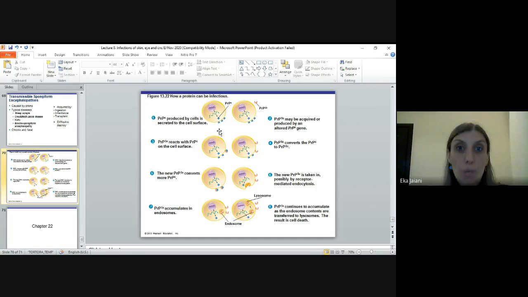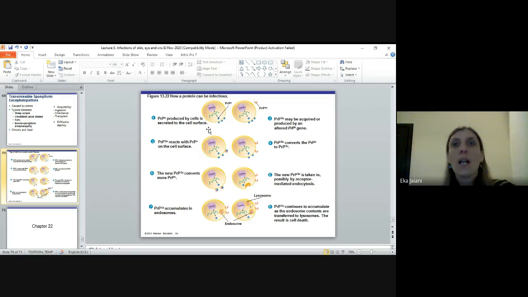If we consume products from an animal that has this prion infection, we can get infected with this protein. The protein gets into the GI tract, then moves to the blood and to the CNS, and starts to interact with the normal prion proteins on our neurons.